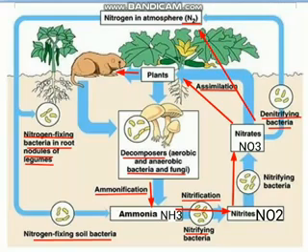That means they convert these nitrates back into atmospheric nitrogen, and this process is called denitrification. So denitrification is the conversion of nitrates back into atmospheric nitrogen by various denitrifying bacteria.